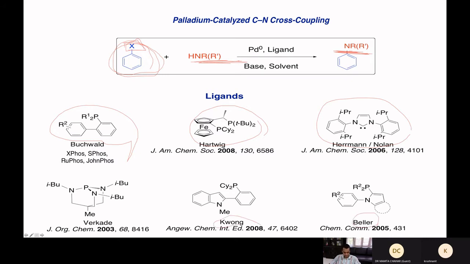These are different research groups who have developed many different types of ligands. So one of the questions that comes into the picture is which ligand you would like to use for which type of reaction. This requires much further detailed discussion.